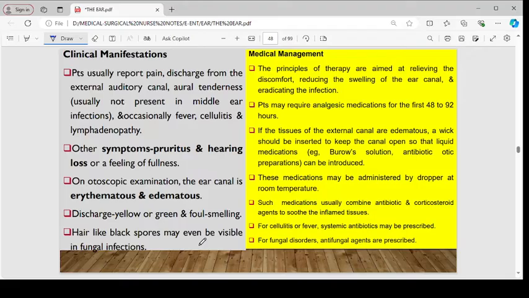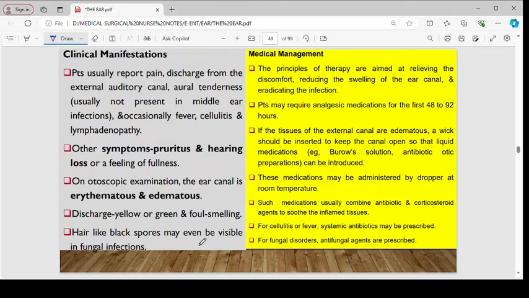If the tissues of the external auditory canal are edematous, a wick should be inserted just to keep the canal open so that fluid medication, e.g. the Burow solution, or an antibiotic otic preparation can be introduced. These medications may be administered by a dropper at room temperature. Such medication usually combines antibiotic and corticosteroid agents just to soothe the inflamed tissues.